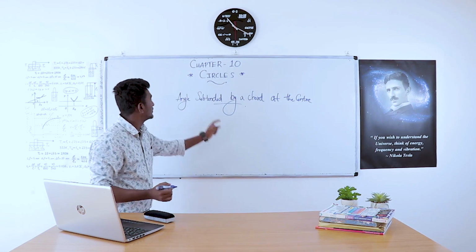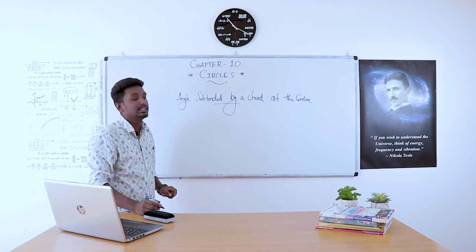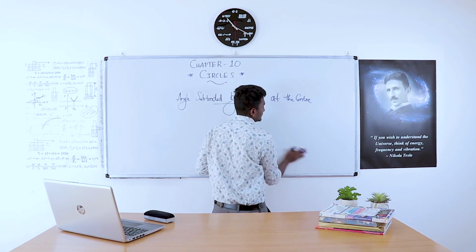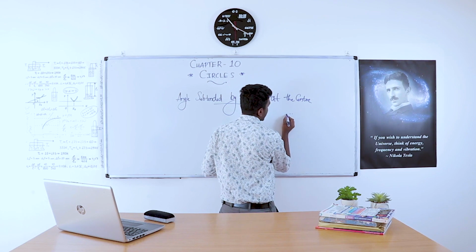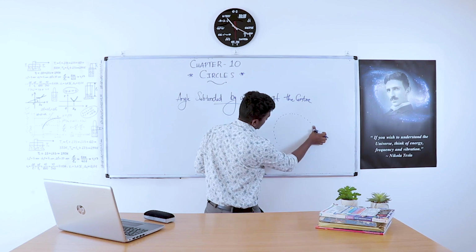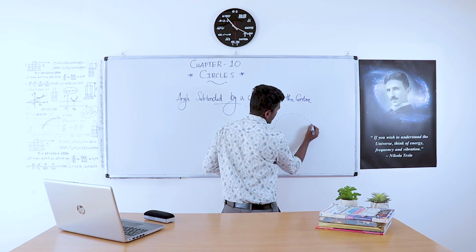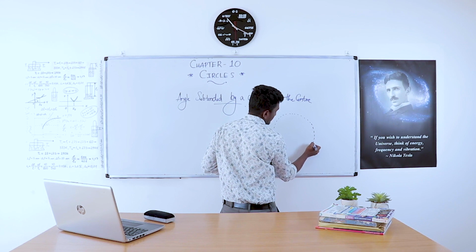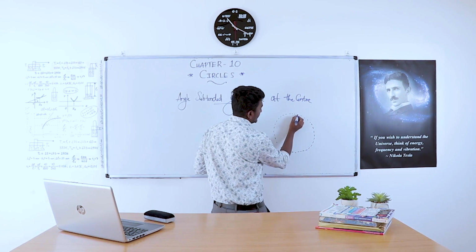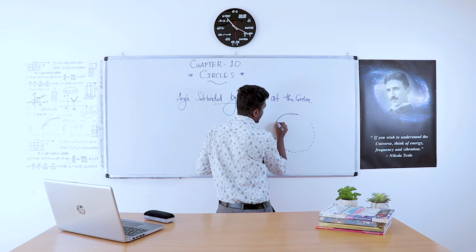The theorem is related to the fact of the angle subtended by a chord at the center. Now we can consider a circle. This is our circle.